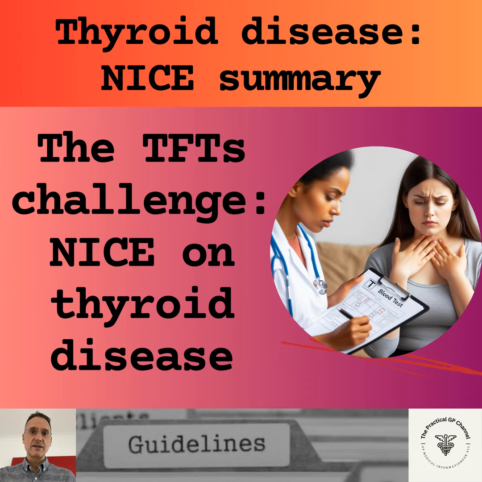For the actual management, for both adults and children, we will offer levothyroxine as first-line treatment, and we will not routinely offer liothyronine or natural thyroid extract for primary hypothyroidism, either alone or in combination with levothyroxine, because there's not enough evidence that it offers benefits over levothyroxine, and the long-term adverse effects are uncertain.